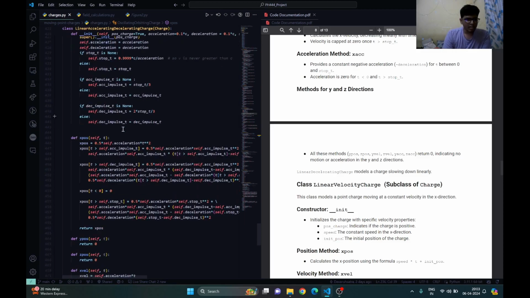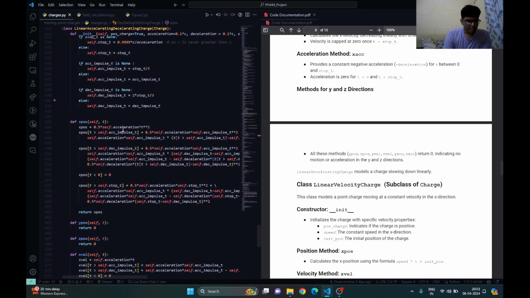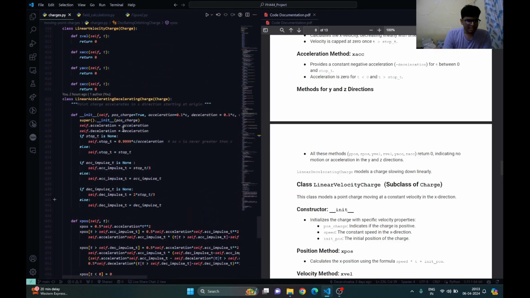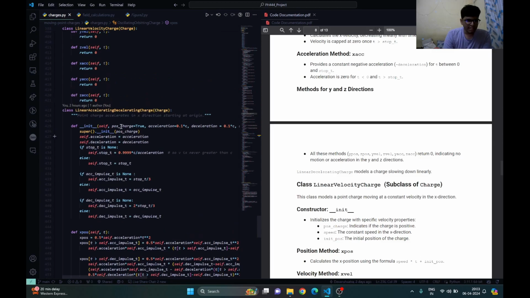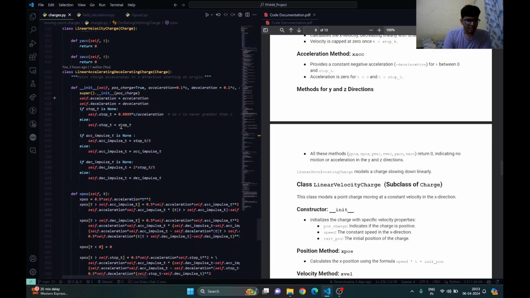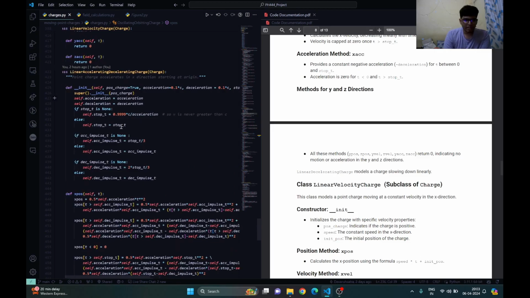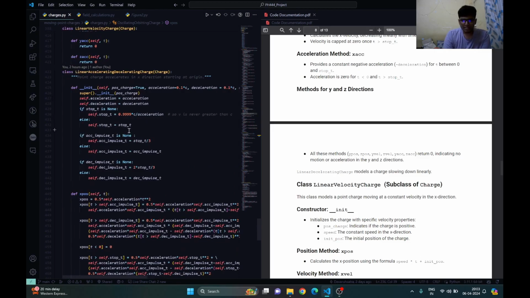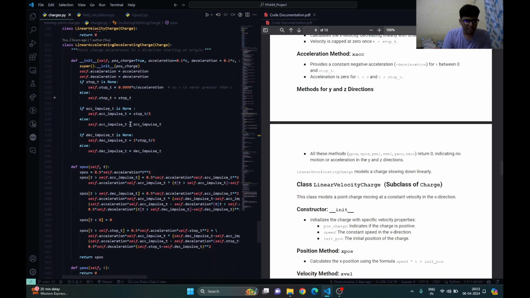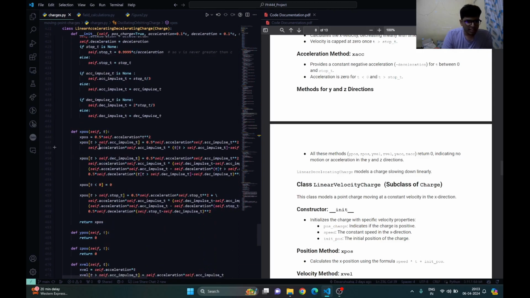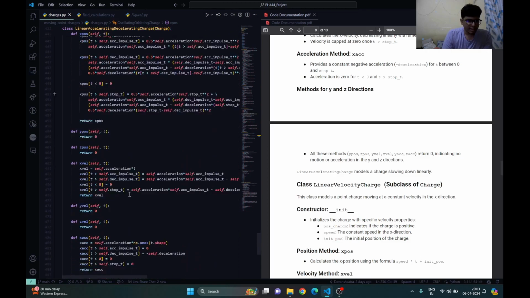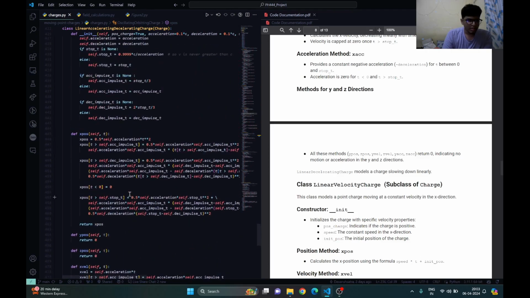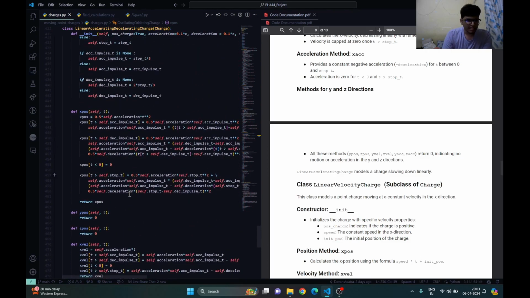Here we have just considered moving in the x direction, because we can say without loss of generality that we can just define the x direction to be the direction of motion. So we've just defined the kinematics in the x direction, and everything else is 0 in the y and z direction.